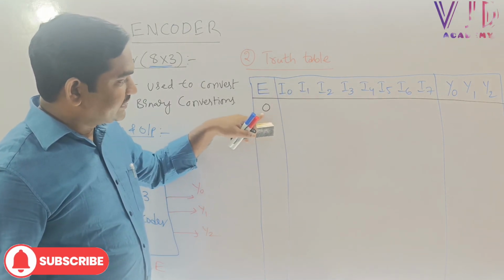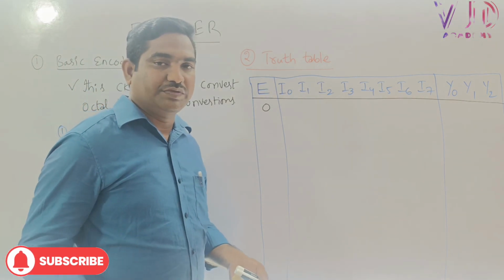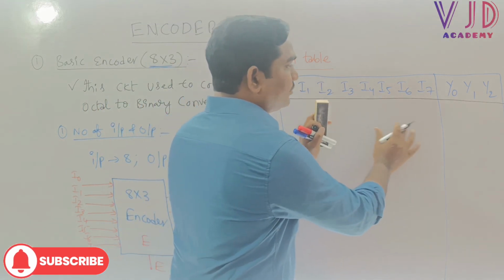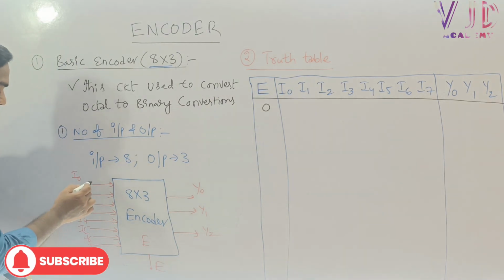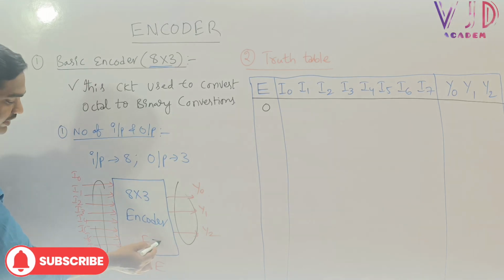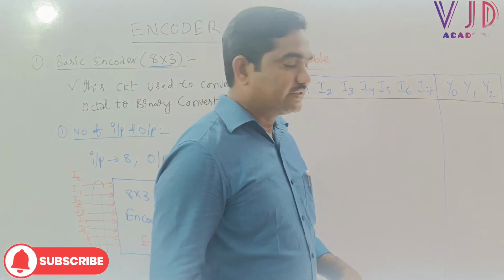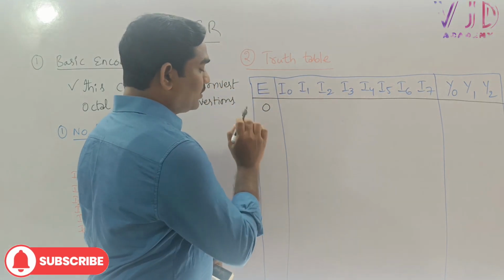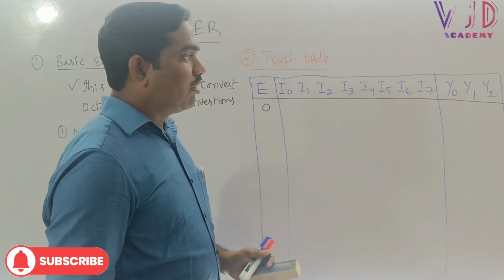If enable input is 0, which means the entire circuit is in power off stage, so that there is no connection from this input body to output data. There is no connection established between input to output when E equal to 0. So now what I want to convince is, here always we will try to give enable input is 1, so that only the input data will be transferred to output data.